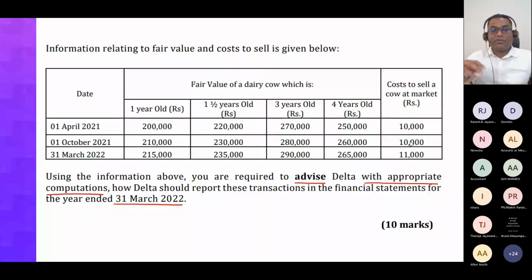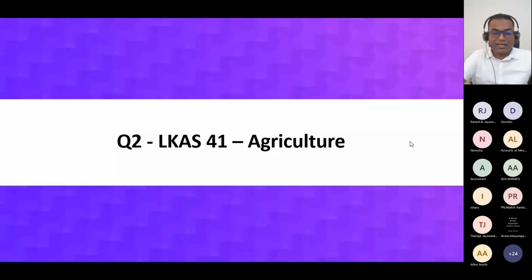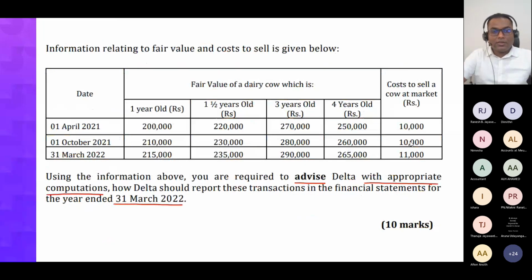So now let me explain what the applicable standard here is. As I mentioned earlier, what is the applicable standard? LKS 41 Agriculture.